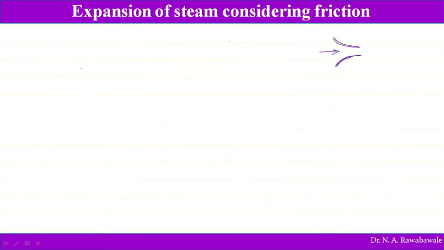So that friction is having an effect. Always, wherever there is friction, it generates heat. So the exit velocity of steam, for a given pressure drop, is reduced due to the following reasons.